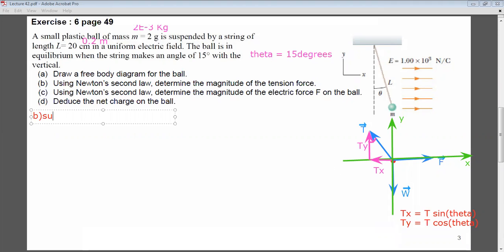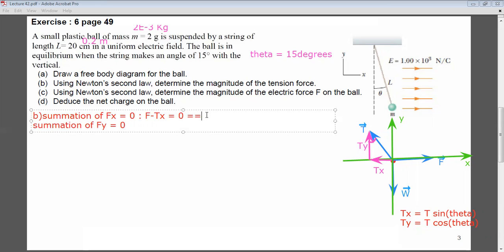Okay, so Newton's second law is summation of Fx equals zero here, because the object is in equilibrium. Equilibrium implies at rest. Okay, or summation of Fy equal to 0. So let's see which one will solve the problem. So if we take summation of Fx equal to 0, it means F minus Tx is equal to 0.